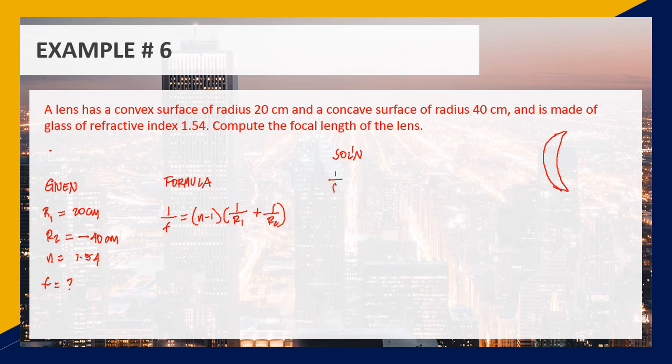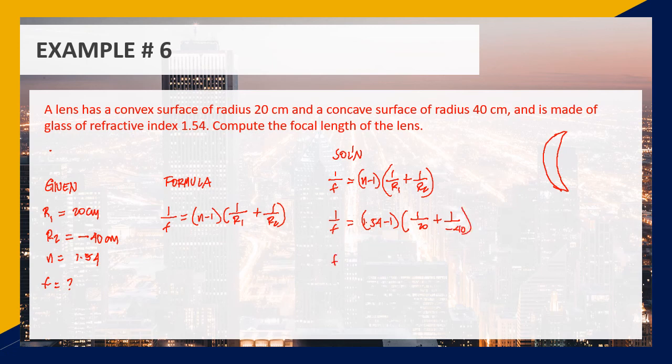So 1 over f is equal to n minus 1, 1 over r1 plus 1 over r2. So since isa ra man ang material atong gamit, kanang n natong gamiton. 1 over f, so n nato is 1.54 minus 1 times 1 over r1 nga 20 plus 1 over r2 nga negative 40.